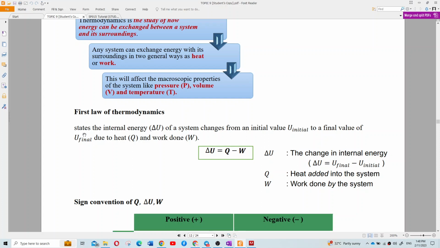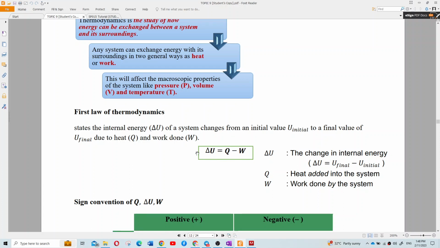the first law of thermodynamics says that the internal energy of the system changes from the initial internal energy value to the final internal energy value due to heat loss or heat absorbed, and work done on the system or work done by the system.